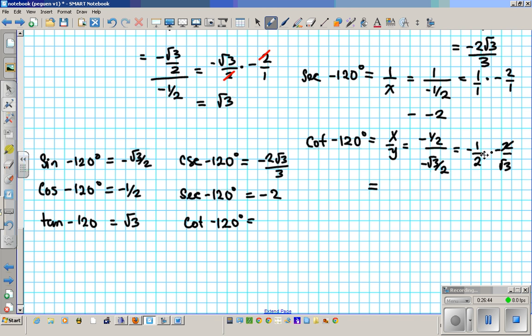The 2's cancel out, so you'll be left with negative 1 over root 3. Then you multiply by root 3, top and bottom, and you're going to have negative root 3 over root 9, which is going to be negative root 3 over 3. So there goes the answer. This one is negative root 3 over 3.